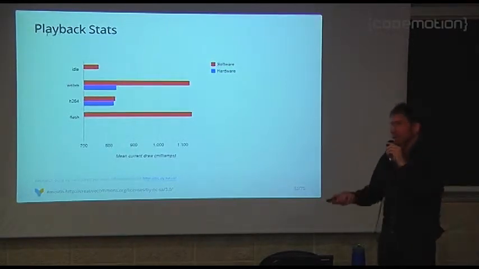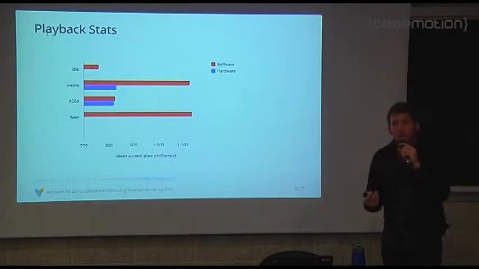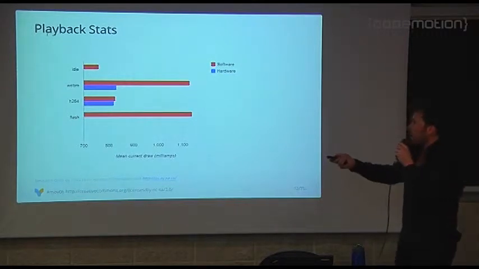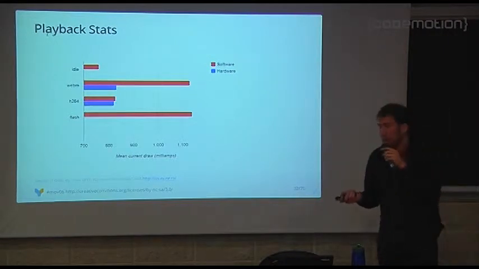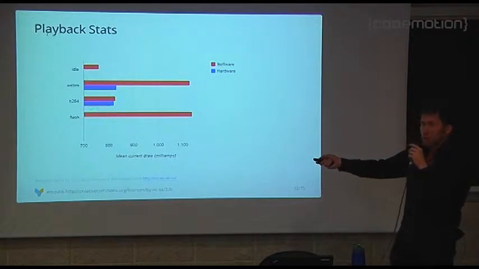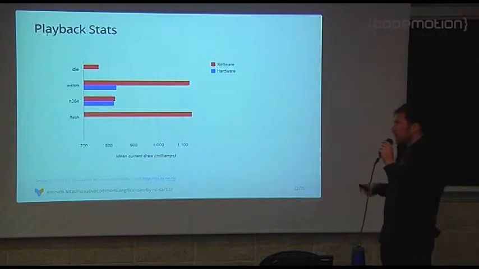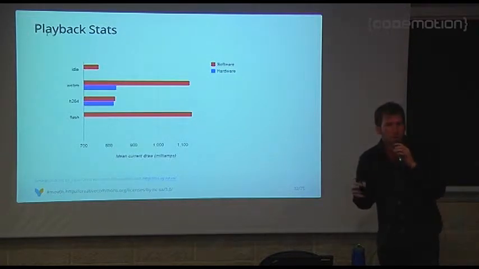But the other interesting thing to notice is that when things are hardware accelerated, so when there's a physical chip that can do the decoding of our video, it's going to be a lot lower than if it's being done in software. And H.264 in this case is lower than WebM in both places. But I think this is kind of neat because the WebM chips are brand new.